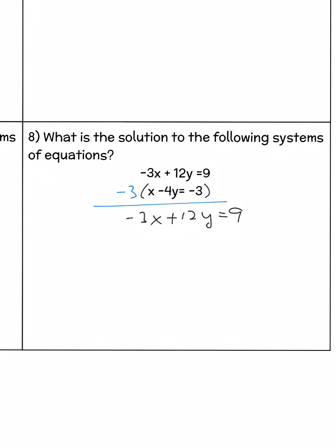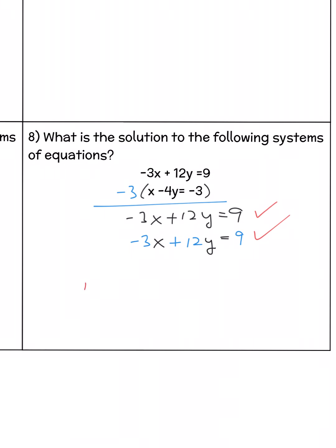But the bottom equation becomes negative 3x plus 12y equal to positive 9. Look, these two guys match up. They are the same. Since I multiplied the bottom equation by negative 3, it's the same equation, I can get the same thing as the first one.